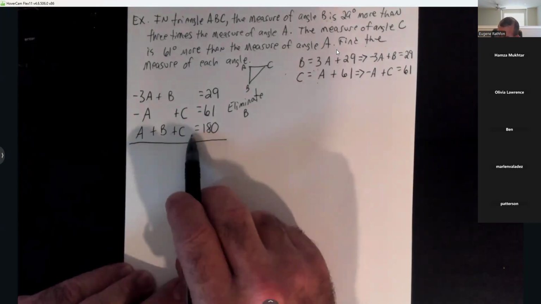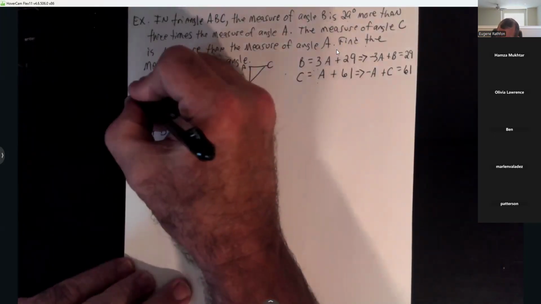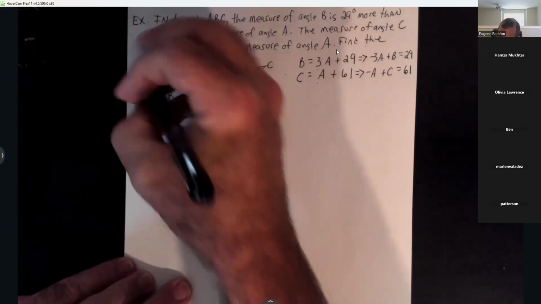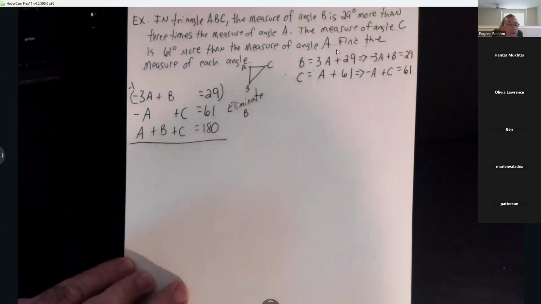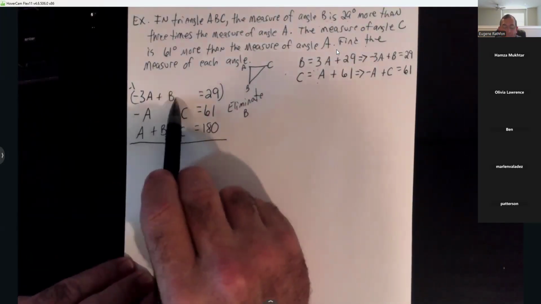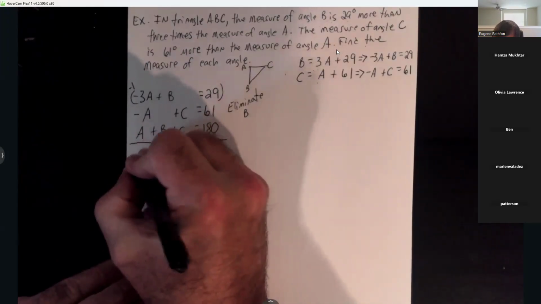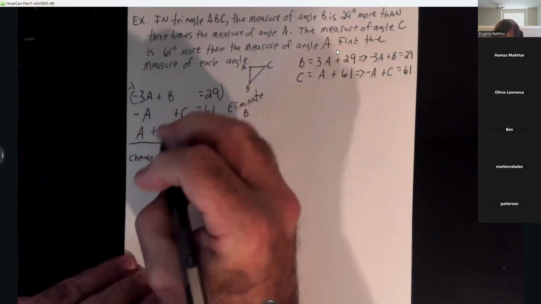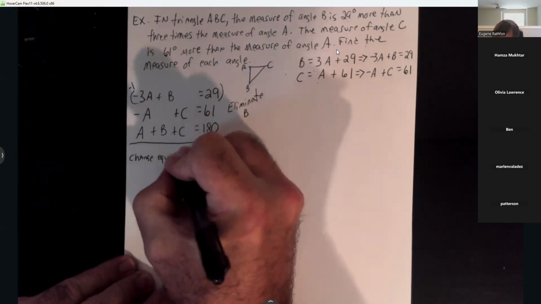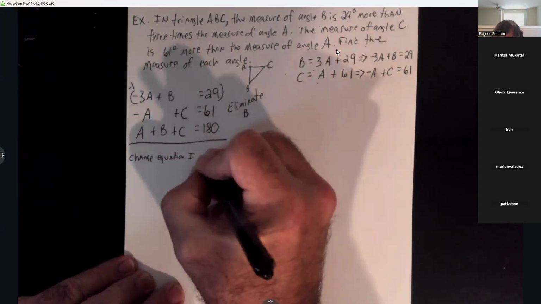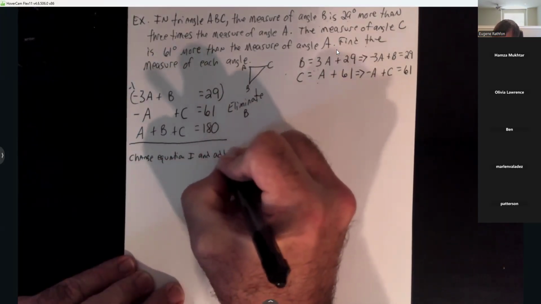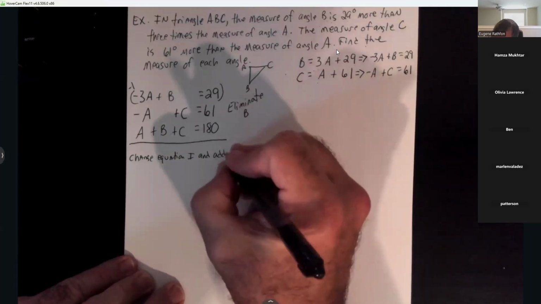Now, if I want to eliminate the B, I've got to multiply one of these by a -1. So I'm going to change equation 1 and add to equation 3.